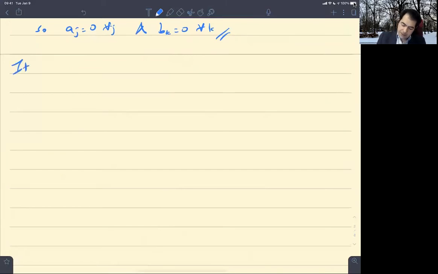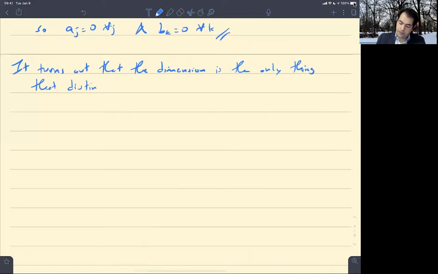It turns out that the dimension is the only thing that distinguishes finite dimensional vector spaces up to isomorphism.